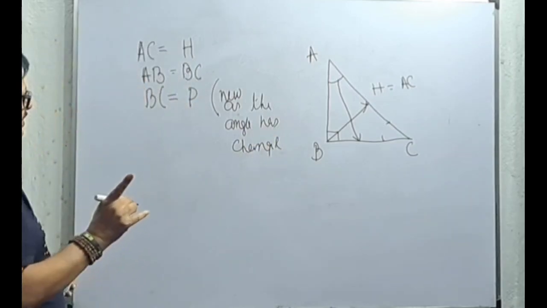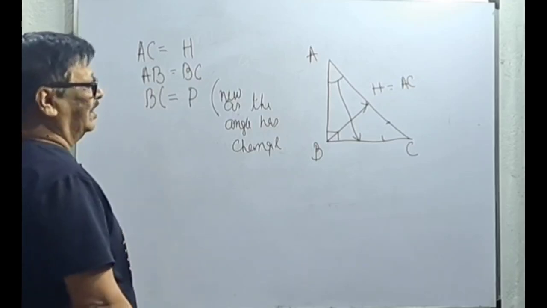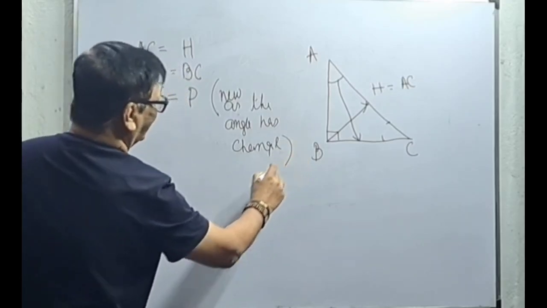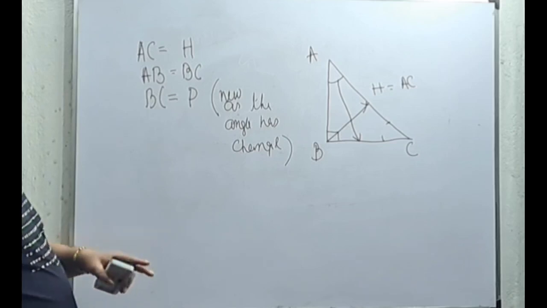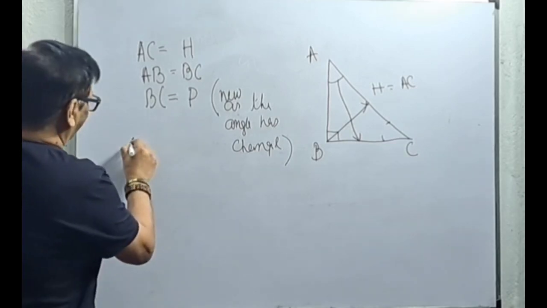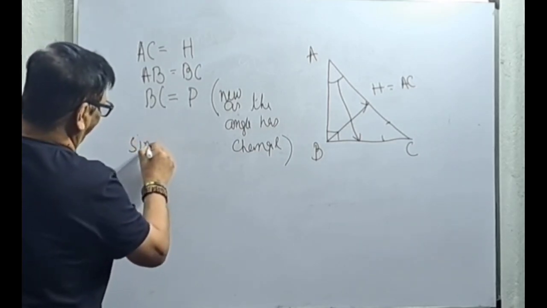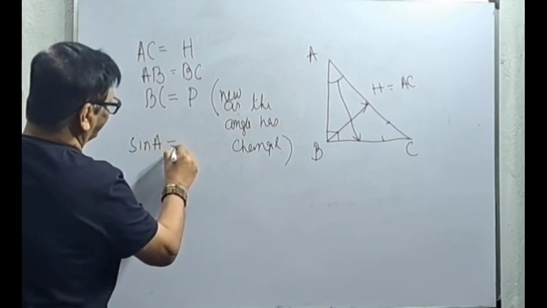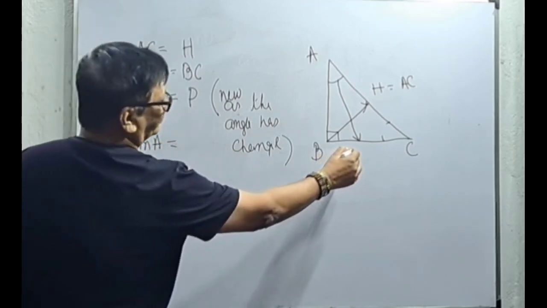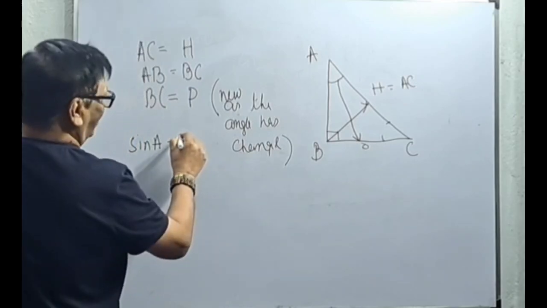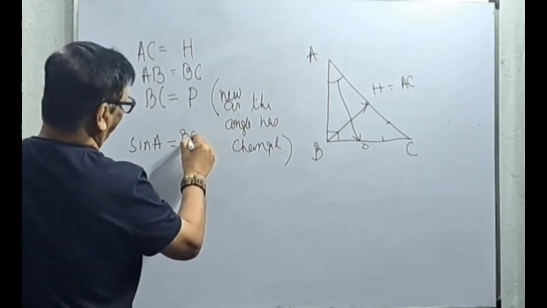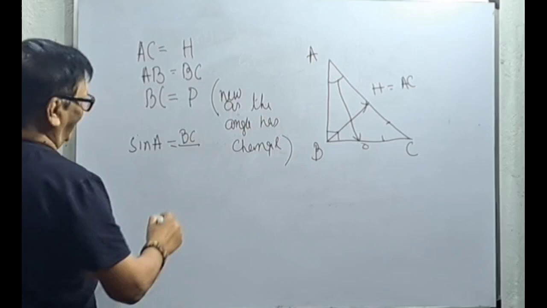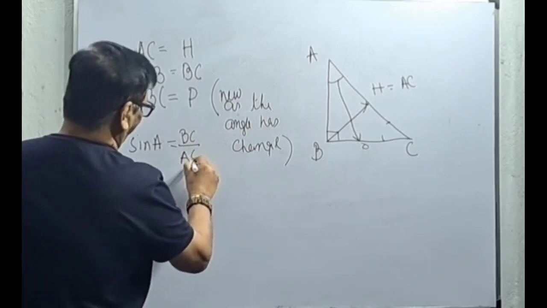So in this new configuration with angle A in mind, we can rewrite our trigonometric ratios. Sine of angle A will be equal to P, which is BC, by AC.